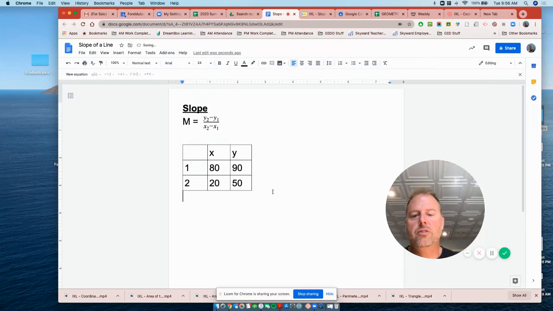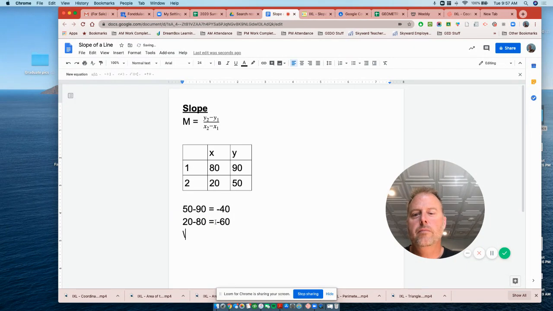And then I just have to do y2 minus y1. So y2 is 50, y1 is 90. And then I do x2 minus x1, so 20 minus 80. If I do that, I get negative 40, and I get negative 60.